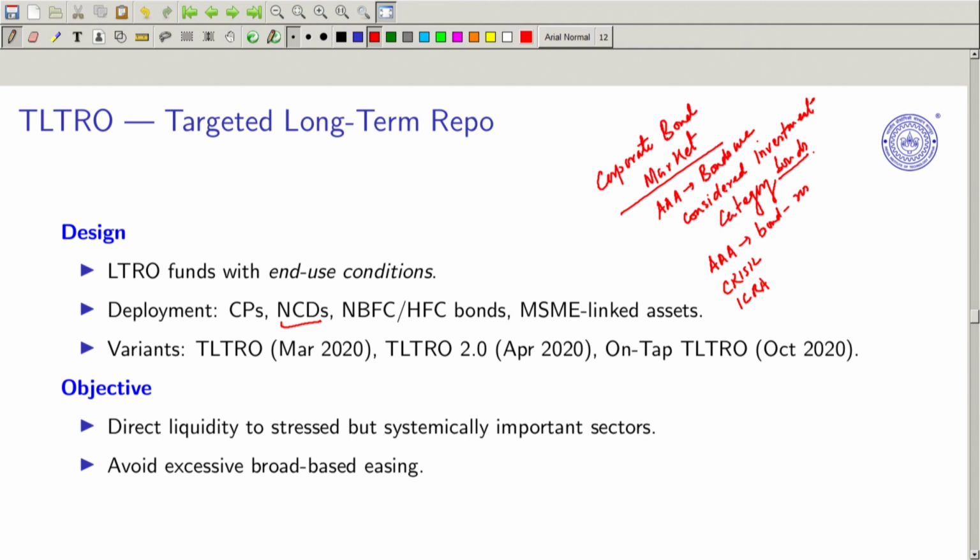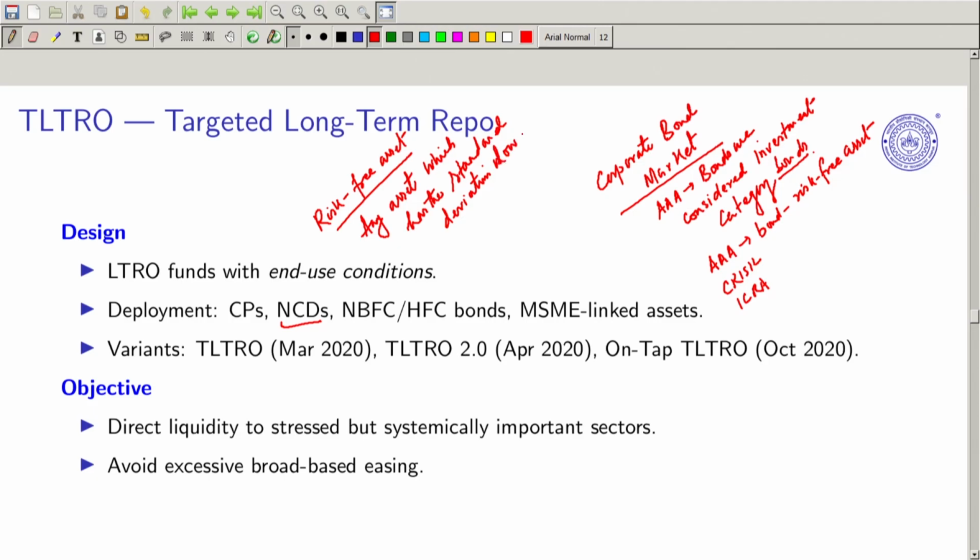It is also called a risk free bond. What is the definition of a risk free asset? The definition of a risk free asset is any asset which has a standard deviation low or zero; that qualifies as a risk free asset.